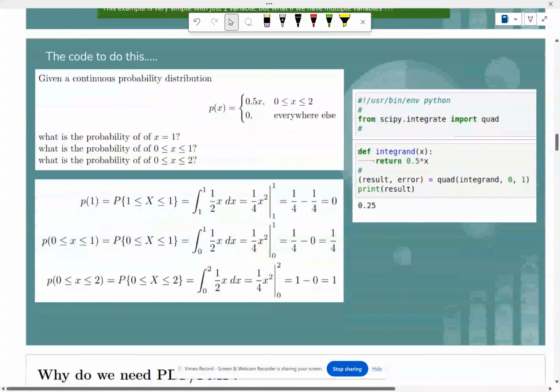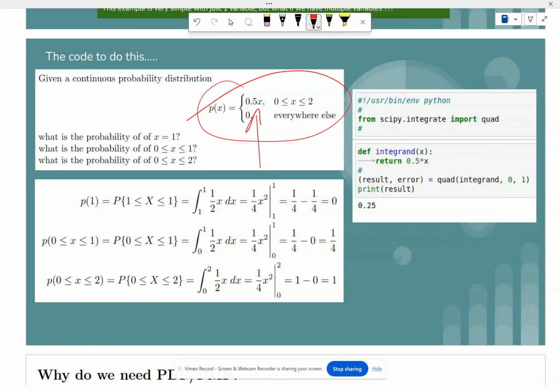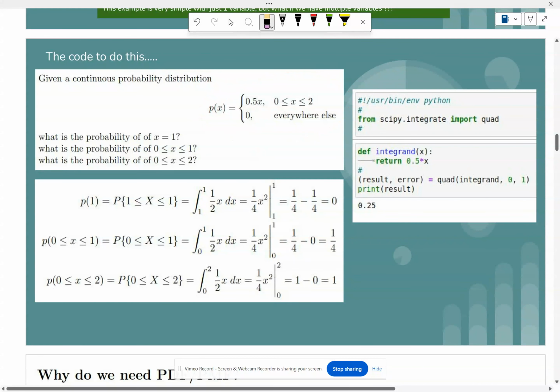Now, finding the integral is a pain. In this particular case, we just used a very simple integral. But I want to make sure that when you go out to work in other companies, you know how to take integrals. One way to do it is this function in Python. You put the function in, and once you have the integrand, you put it into this quad function, and then just take the integral from 0 to 1.